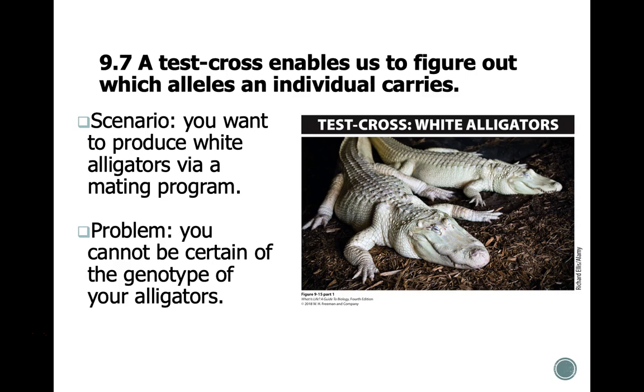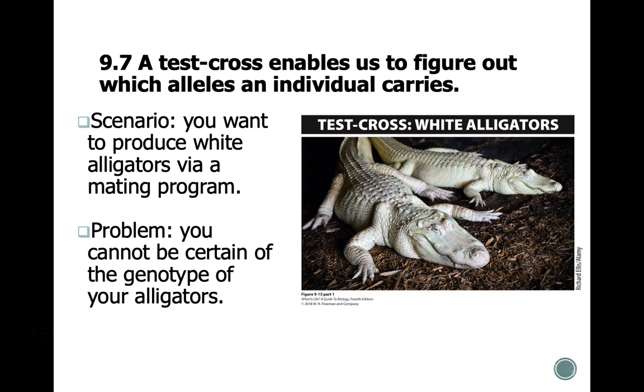So, the first problem that you're going to have is that you don't know the genotype of your alligators. You know what genotype you want. You want the homozygous recessive in order to get those albino alligators. But the ones that you have don't show the characteristics.